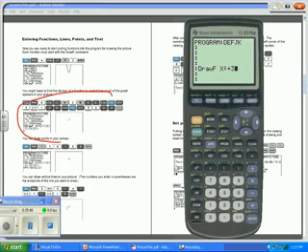It's right here. You might want to highlight this line in your packet, because this is where it shows you how to define a particular domain. So that's where we are in the packet.